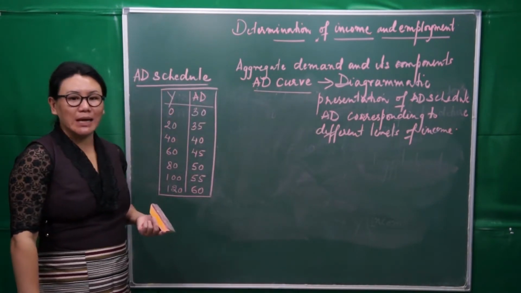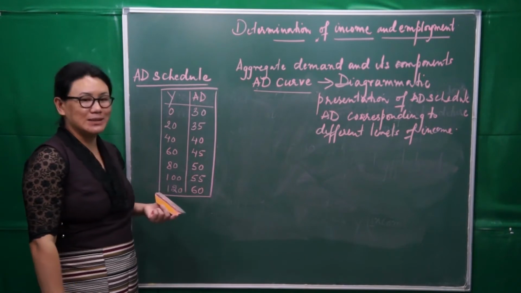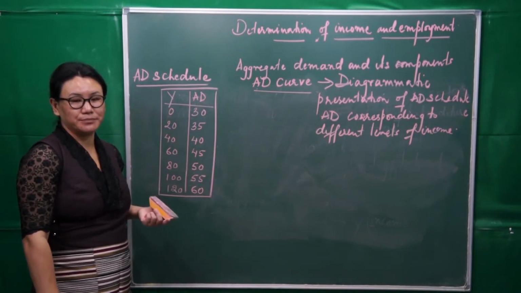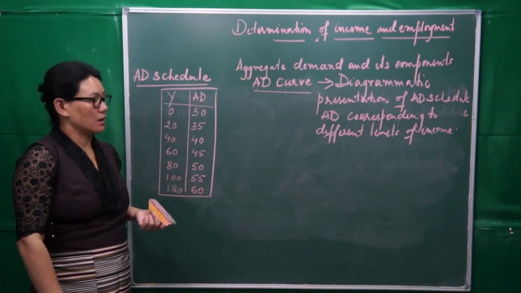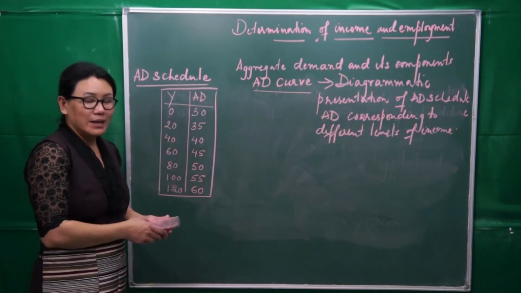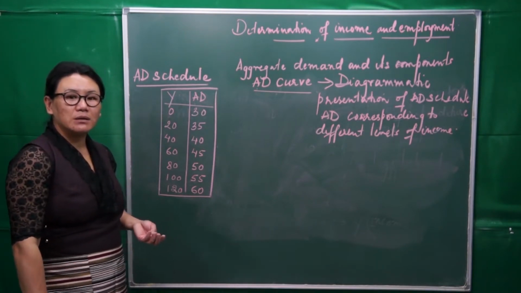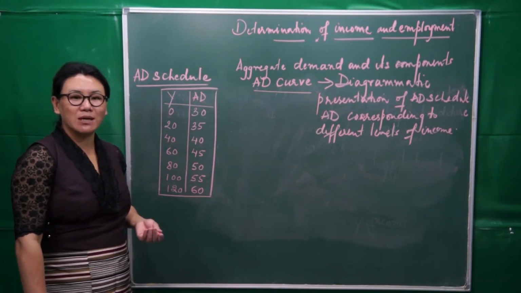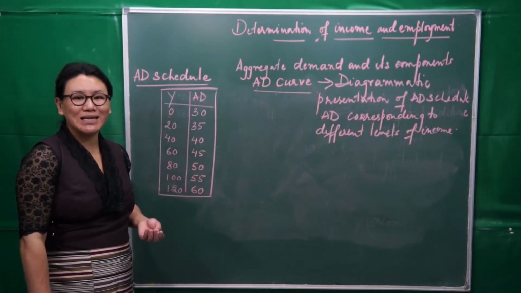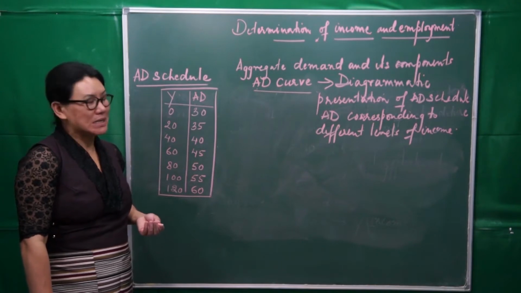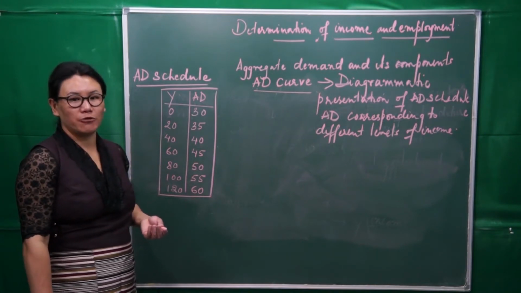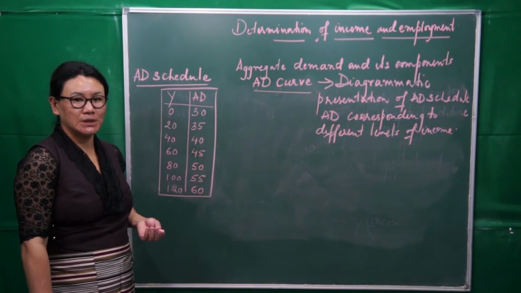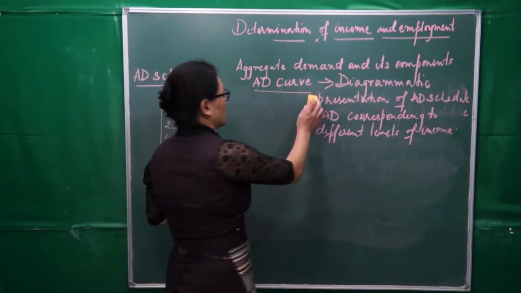Now we have to draw the diagram on the basis of this data, and then we need to observe the diagram. On the basis of it, we need to list down certain observations from it. All right.